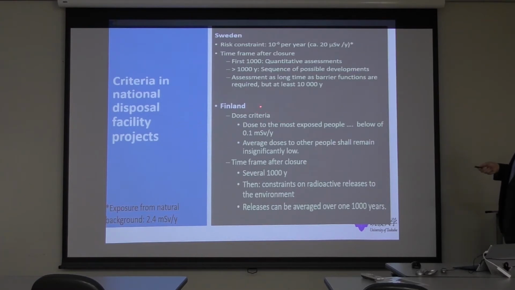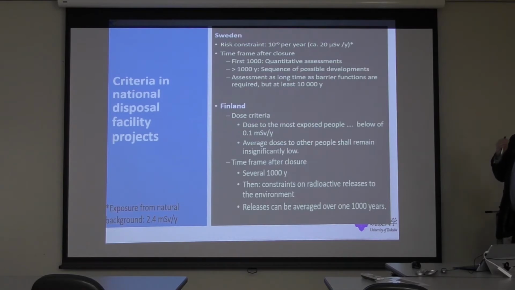Finland has different criteria. The doses to the most exposed people should be below 0.1 millisievert per year. And for those who are not most exposed, the dose should be very, very low, insignificantly low. And for the time frame, it is required to look for the assessment for several thousand years.